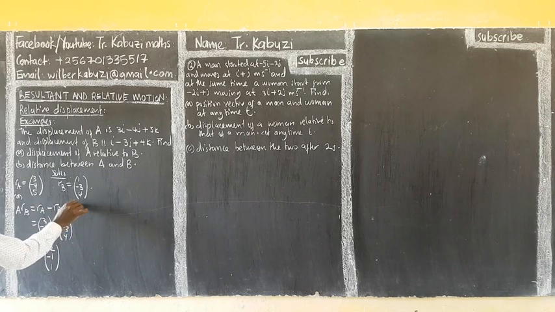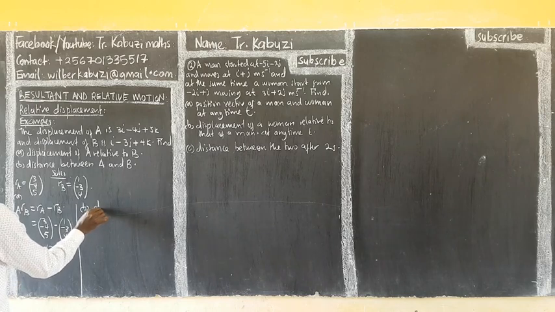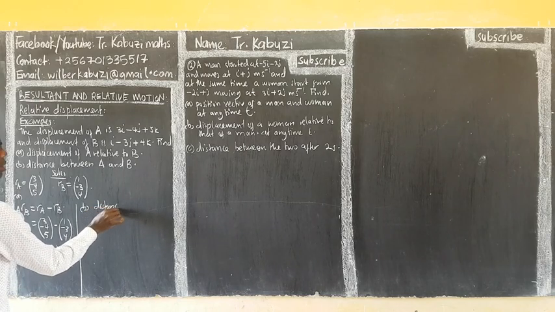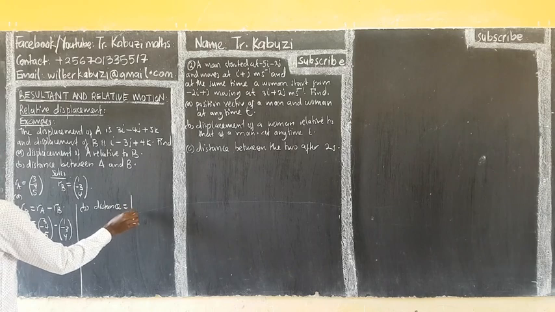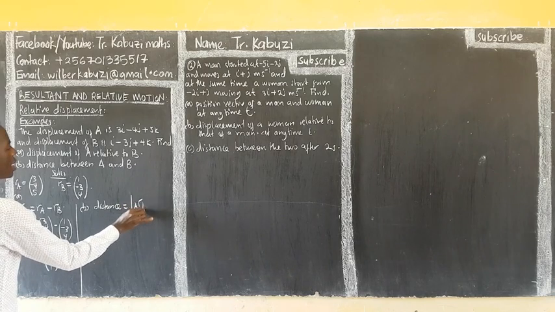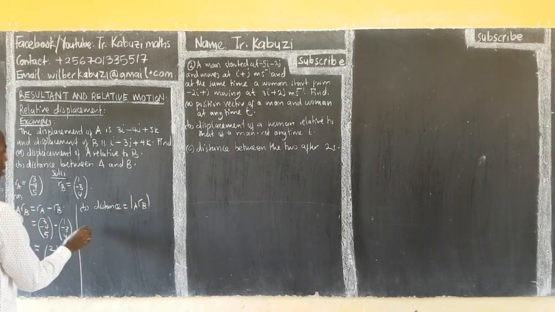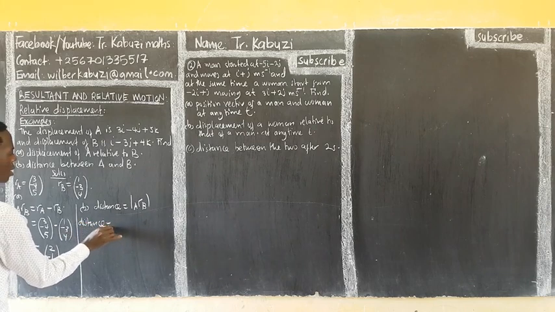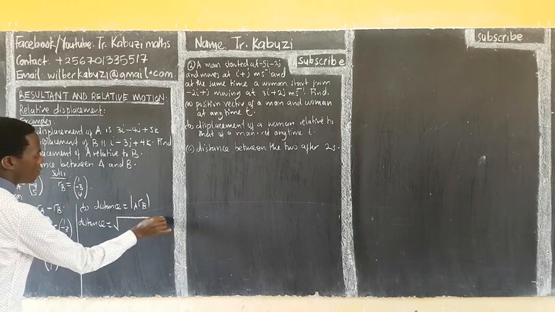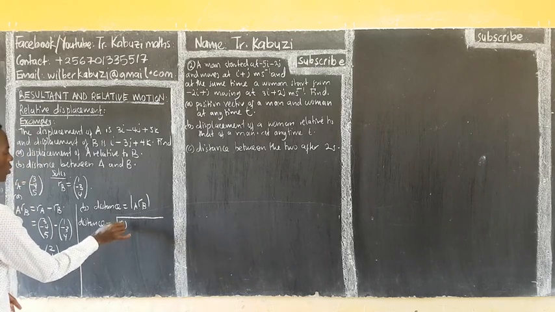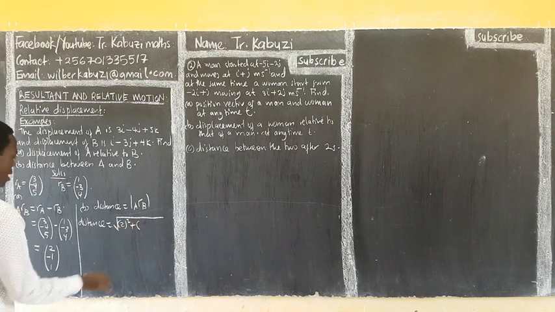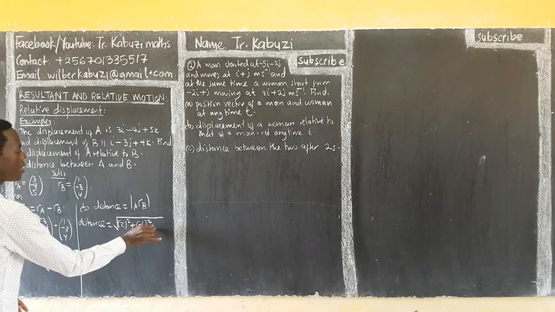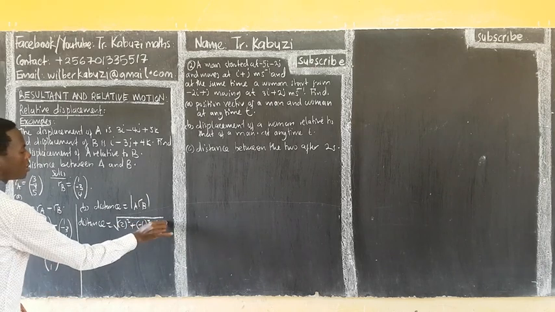Then part B, they are asking the distance between A and B. So our distance here is going to be the magnitude of A relative to B. So our distance there will be the square root of 2 squared plus -1 squared plus 1 squared.